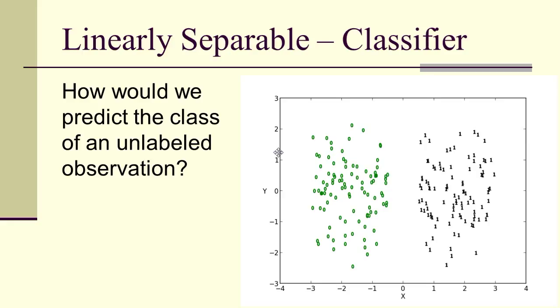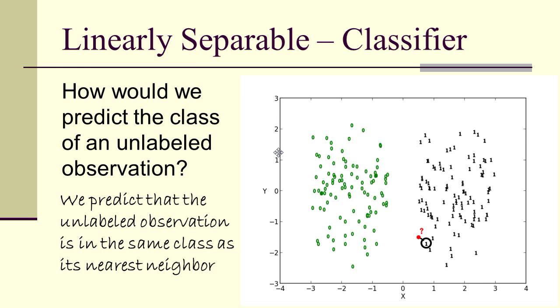So how would we predict the class of an unlabeled observation if we have linear separation? Well, it turns out it's actually fairly simple. We can simply see which side of the line it's on, or we can find out what point it's closest to.